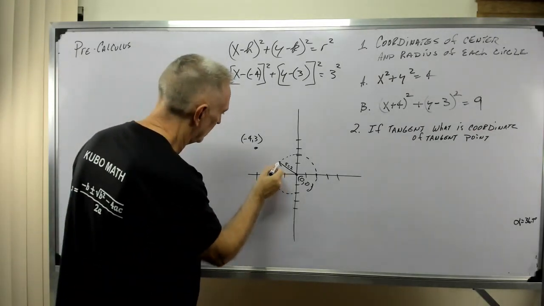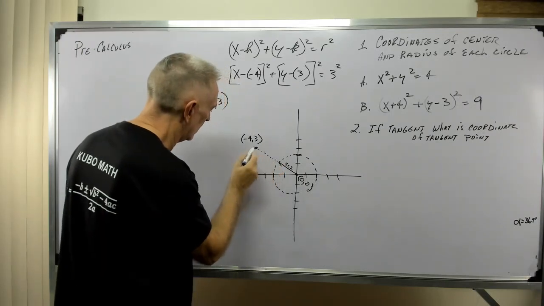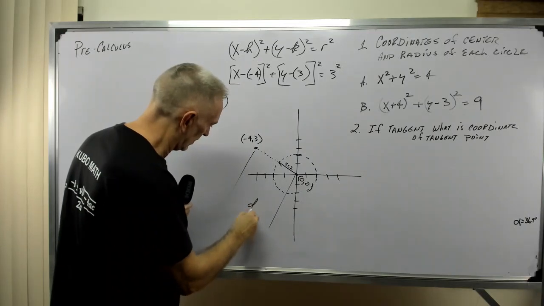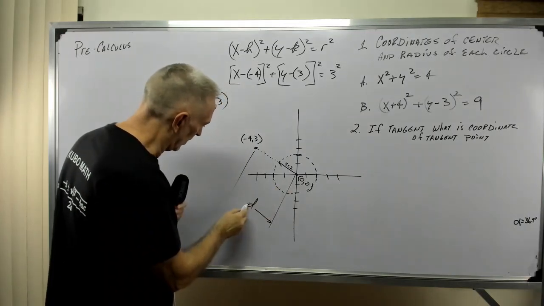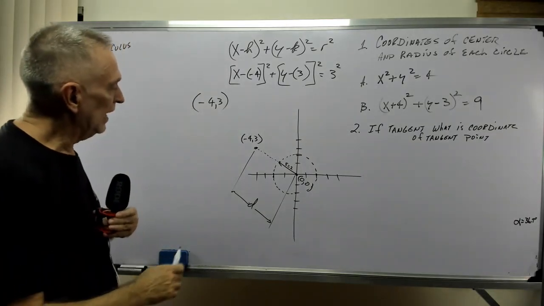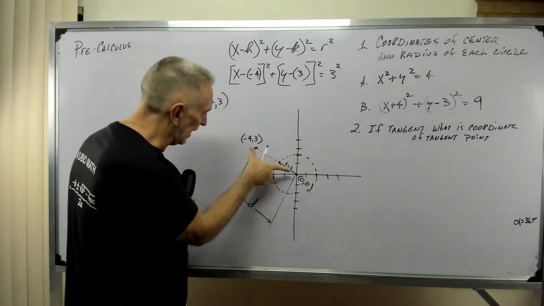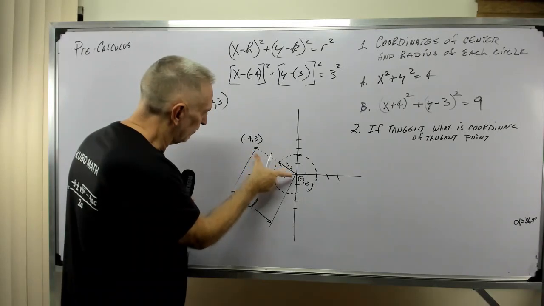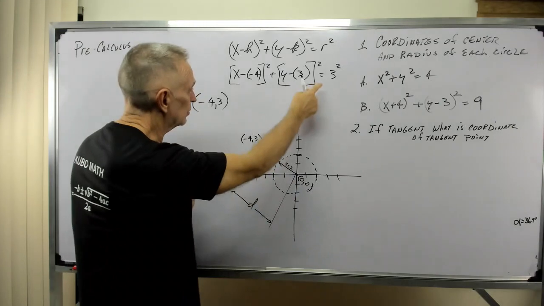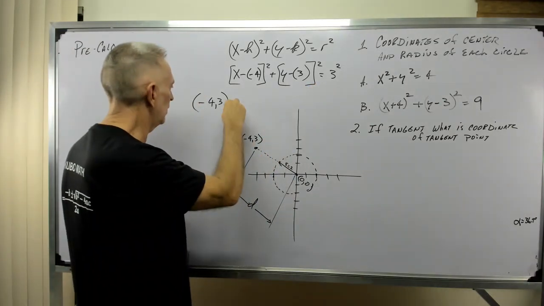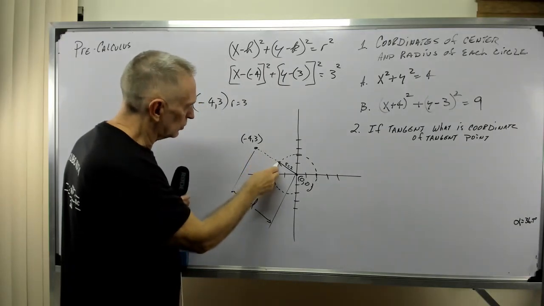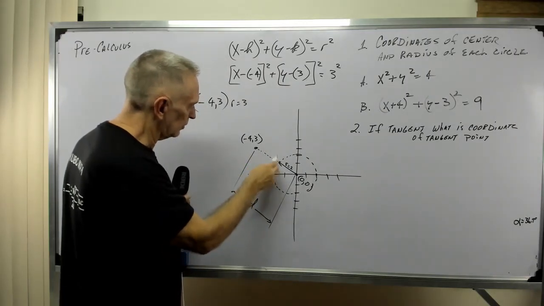What if I calculate the distance from that center point out to that point? We know how to do that. If that distance is 5, 5 minus 2 is 3, and since this radius I know is 3, then I would know those two circles are tangent right there.